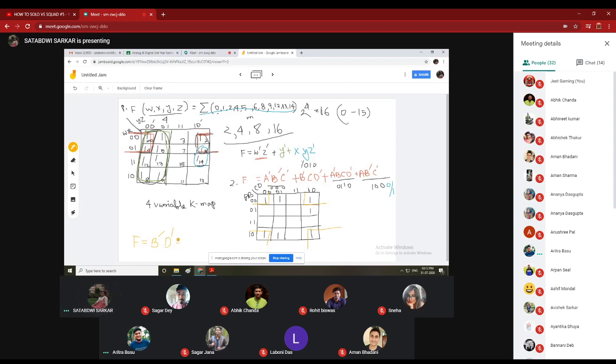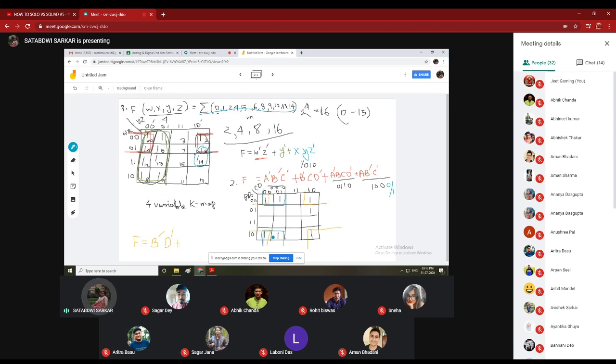Okay, now we have to make a pair of other variables, so we can make a pair from this. If we fold them again in this way, we can make a group of 1 2 and 1 2, so 4 cells. So what will be the value of these? Minimize value.